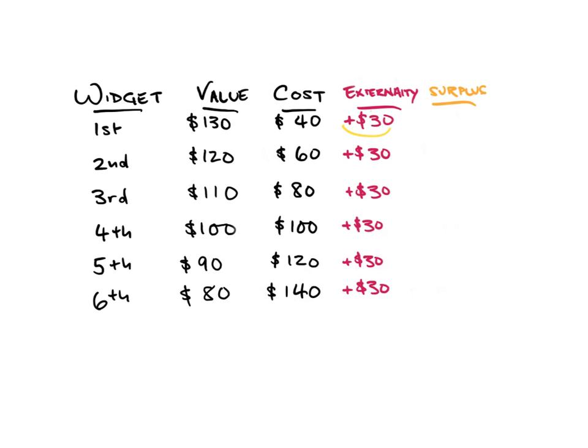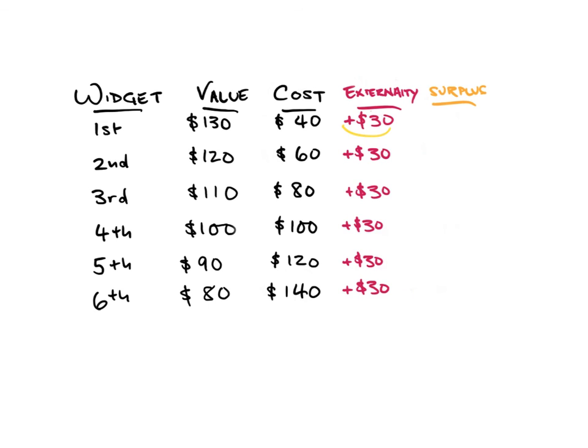So producing 1 widget brings $130 of value to a consumer. It costs $40 to produce. Now, there's an external benefit. When I say external benefit, it's the same thing as a positive externality.